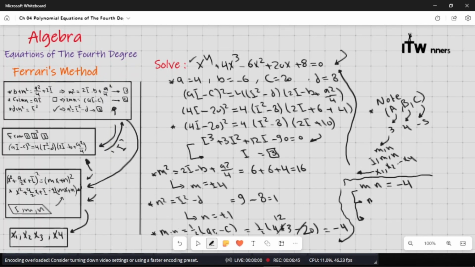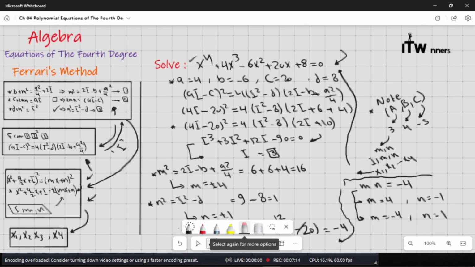If m equal to 4, then n equal to negative 1, and if m equal to negative 4, n will be equal to 1. Okay, so here we have i, m, and n.